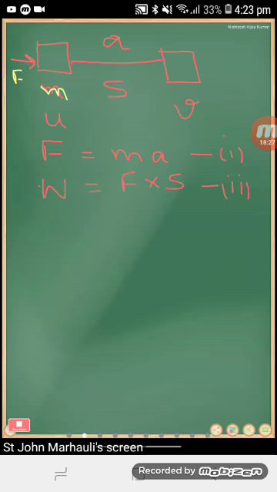Now we will try to calculate s, because we have to find out work done, so we should know force and displacement.